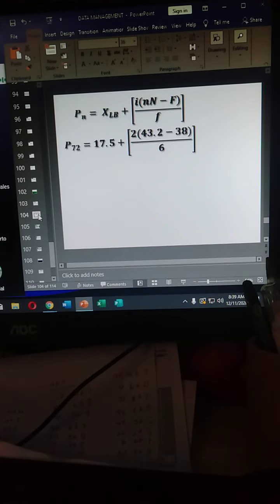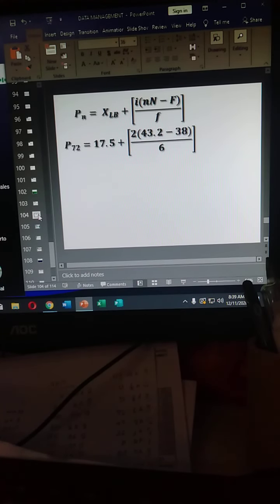Okay. So, now, compute natin. So, PEMDAS rule tayo. So, nasa parenthesis, 43.2. Step by step ka lang siya para mabilis. So, 43.2 minus 38. That is 5.2 times 2. That is 10.4. Divided by 6.